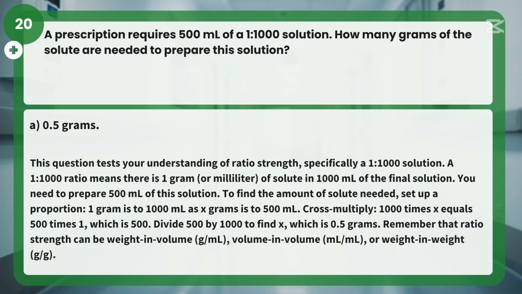To find the amount of solute needed, set up a proportion: 1 gram is to 1000 milliliters as x grams is to 500 milliliters. Cross-multiply: 1000 times x equals 500 times 1, which is 500. Divide 500 by 1000 to find x, which is 0.5 grams. Remember that ratio strength can be weight in volume, g/ml, volume in volume, ml/ml, or weight in weight, g/g.